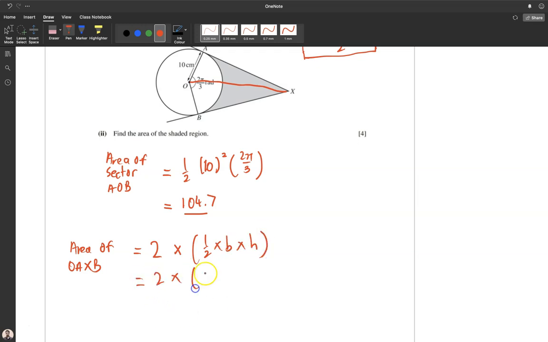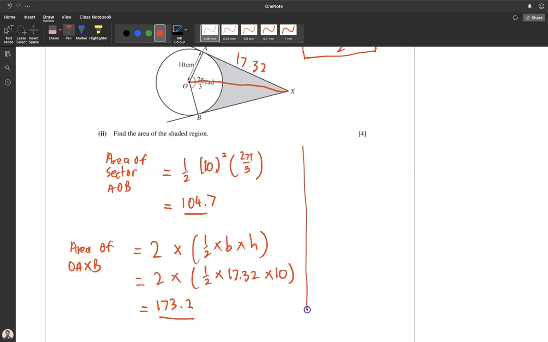Let me substitute the values inside. The base is 17.32, as we found out earlier, whereas the height has already been given to you, which is 10. So this ends up with 173.2.